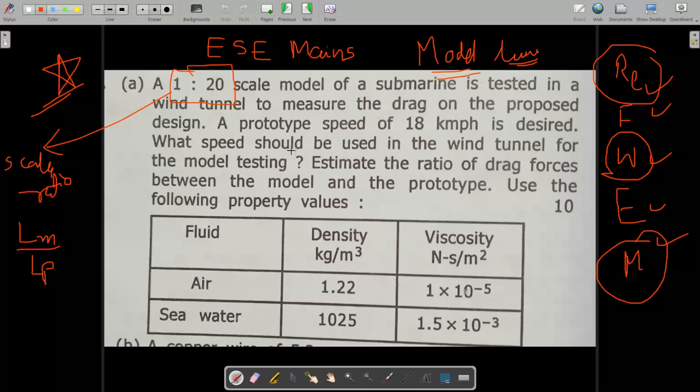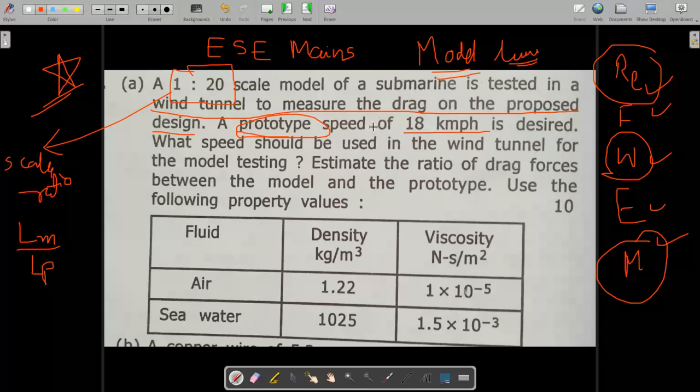We are using wind tunnel testing to measure the drag of the proposed design, that is, how much drag force is acting. A prototype speed of 18 kilometer per hour is desired. That means our actual submarine should move at 18 kilometer per hour.